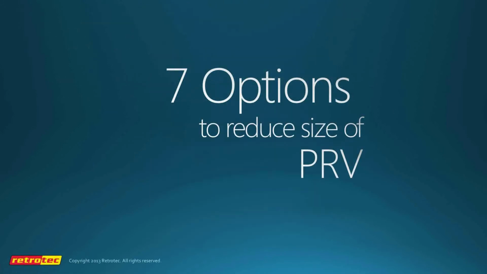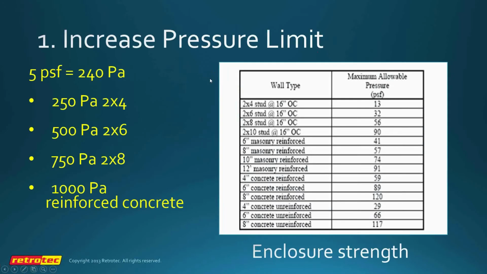The assumption here is that we're always going to be installing a pressure relief vent, and the more accurate prediction that we can make of it, the smaller vent that we can install. If we always install the largest possible vent, it can be very costly. So let's just take a look at that. The first one is to be realistic about the enclosure pressure limit.